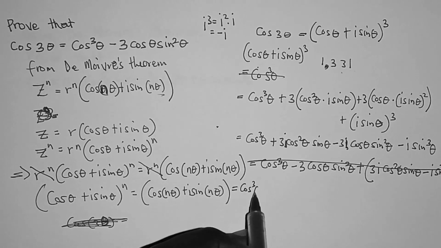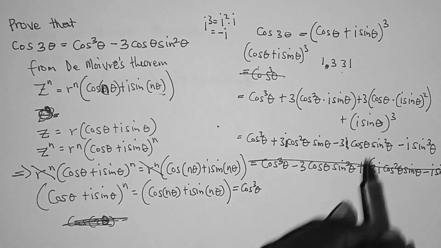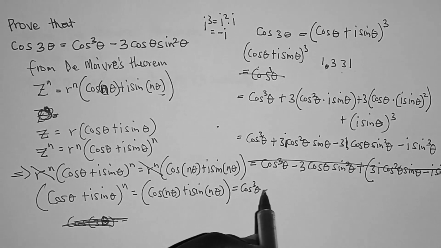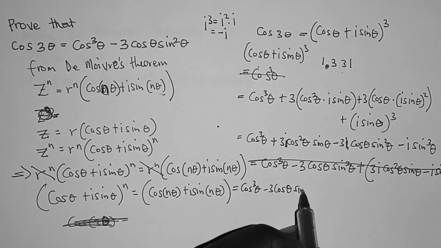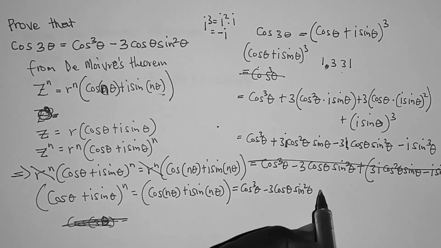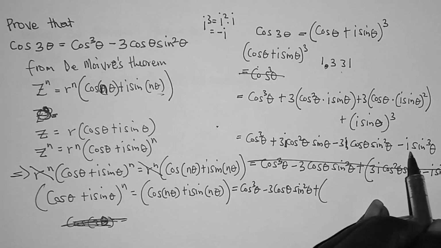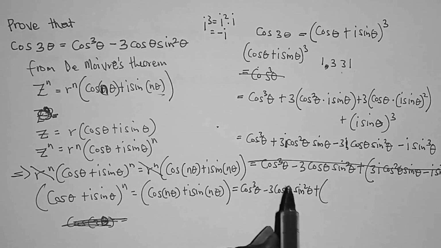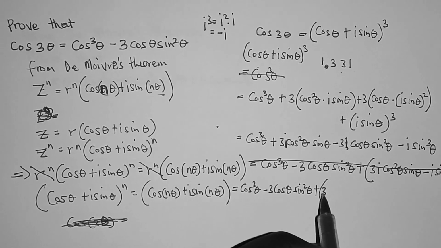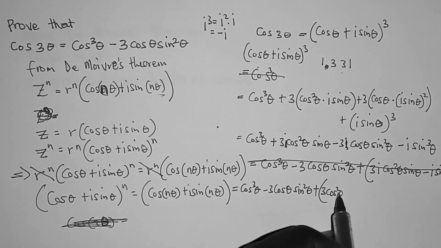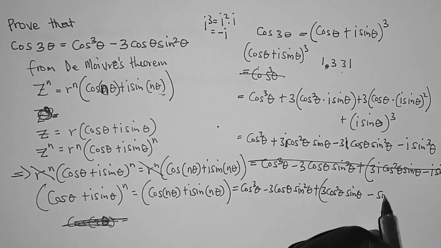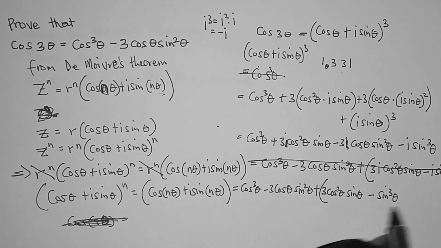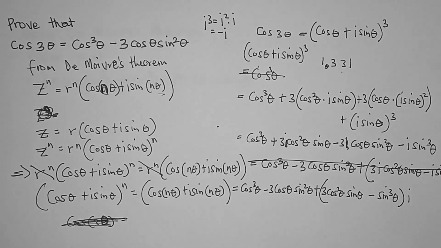So this is equal to, grouping like terms, cos cubed theta, which has no i, minus 3 cos theta sine squared theta, then plus, in brackets, the terms with i: 3 cos squared theta sine theta minus sine cubed theta, times i.